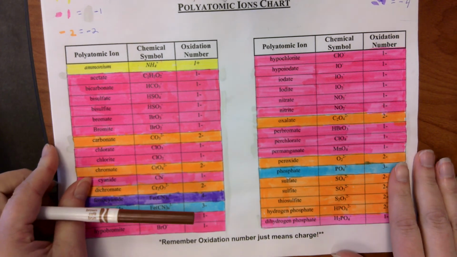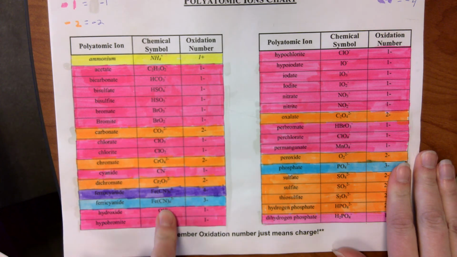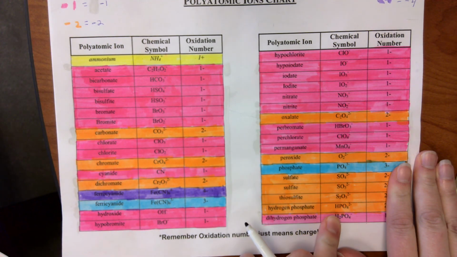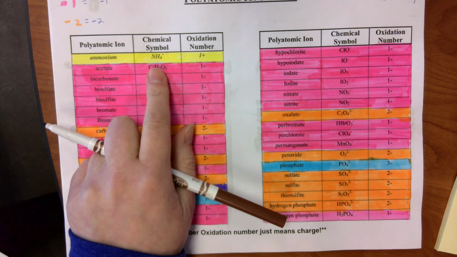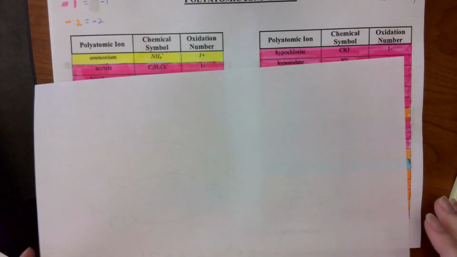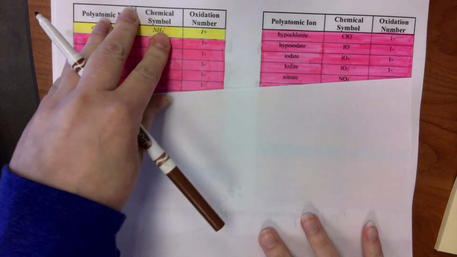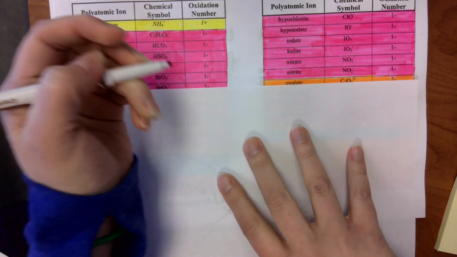They'll be like these. And the way that you know it's a polyatomic ion is you look at what makes it up. You look at the chemical symbol and you can see that it's different.